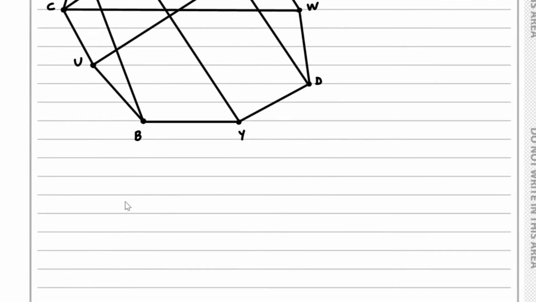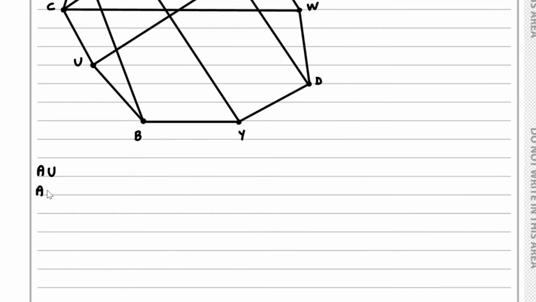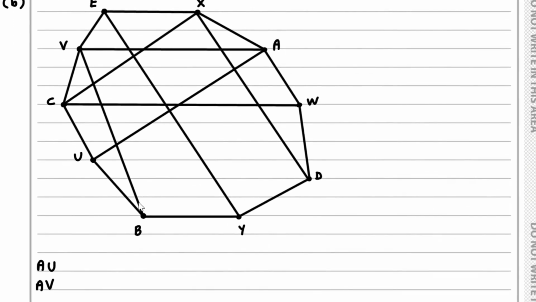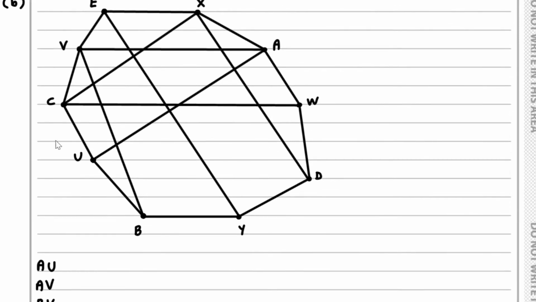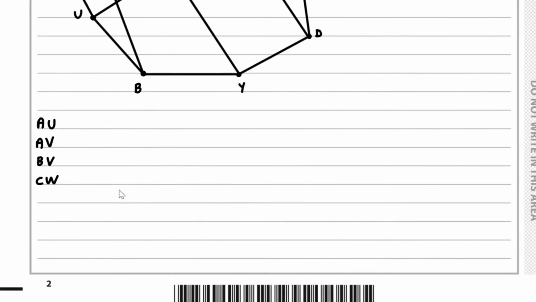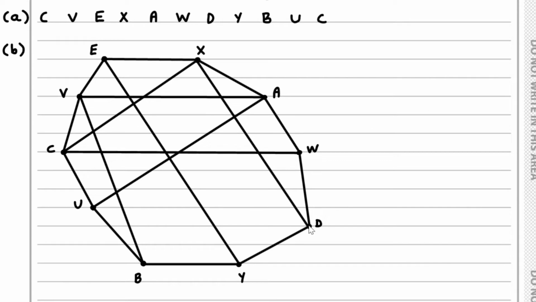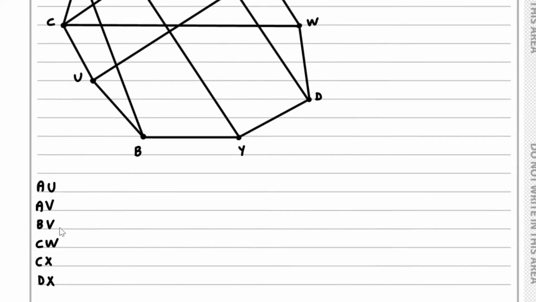So we have AU, we also have AV, then we have BV, then we have CW, then we have CX, and then we have DX, and then we have EY.